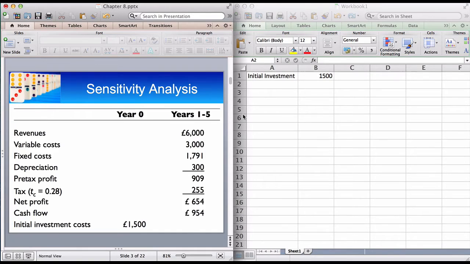Some things to notice: this is written from the perspective of putting together an income statement, and from the income statement we then use the bottom-up approach to calculate the operating cash flow. If you want to know about the different ways to calculate operating cash flow, I have already presented a video on that, and you'll be able to get that through my YouTube channel.